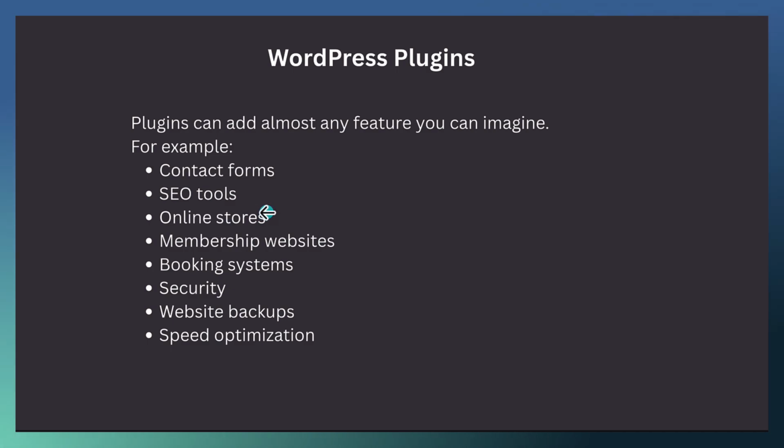We have some for search engine optimization. We call it SEO. We have for online stores for building e-commerce websites. We also have WordPress plugins for building membership sites, booking systems, security, website backup, and also even optimizing speed of your website. And so this is very interesting.